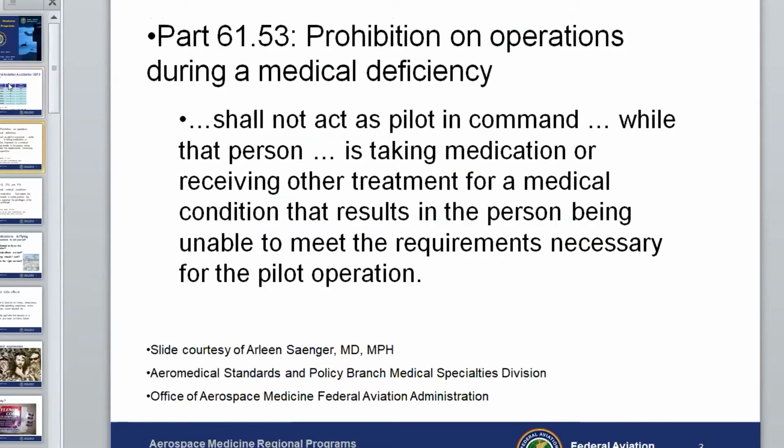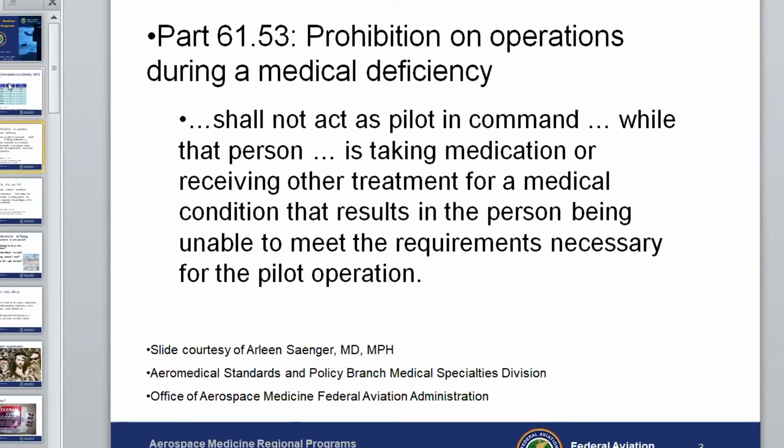And if I see anything that pops out, some of this is good information, and we know this. Part 61.53, prohibition on operations during a medical deficiency. So you're not supposed to act as a pilot in command if you have anything that results in unsafe operation of the airplane.